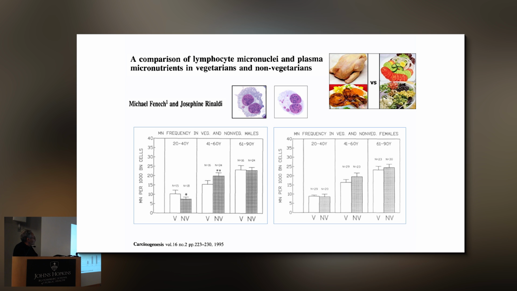They have a lower rate of damage. The younger ones, there's not much difference. In fact, the males are doing worse, being vegetarian. And that was because the males were not, in this case, taking vitamin B12 supplements, which they are recommended to do if you take up a vegan-vegetarian diet. They were vegan and they were not taking supplements.